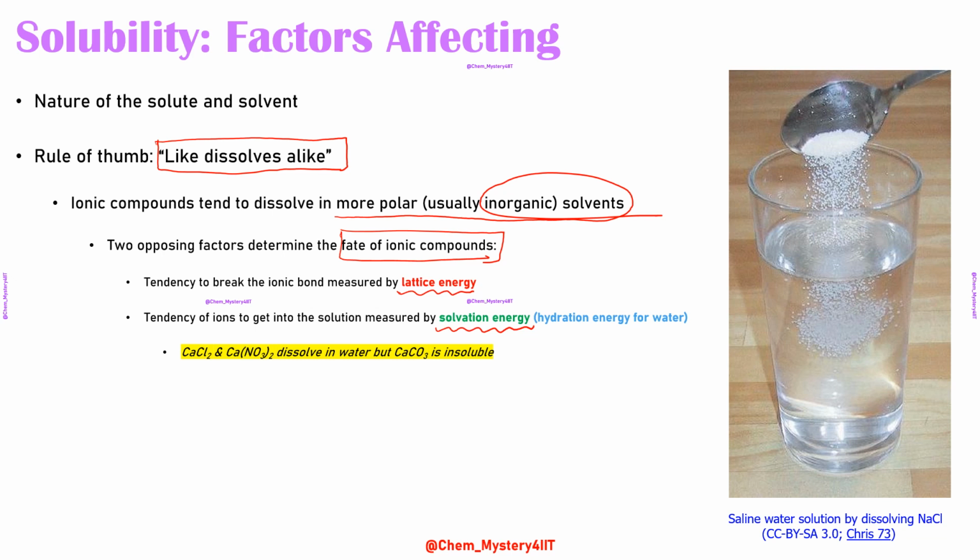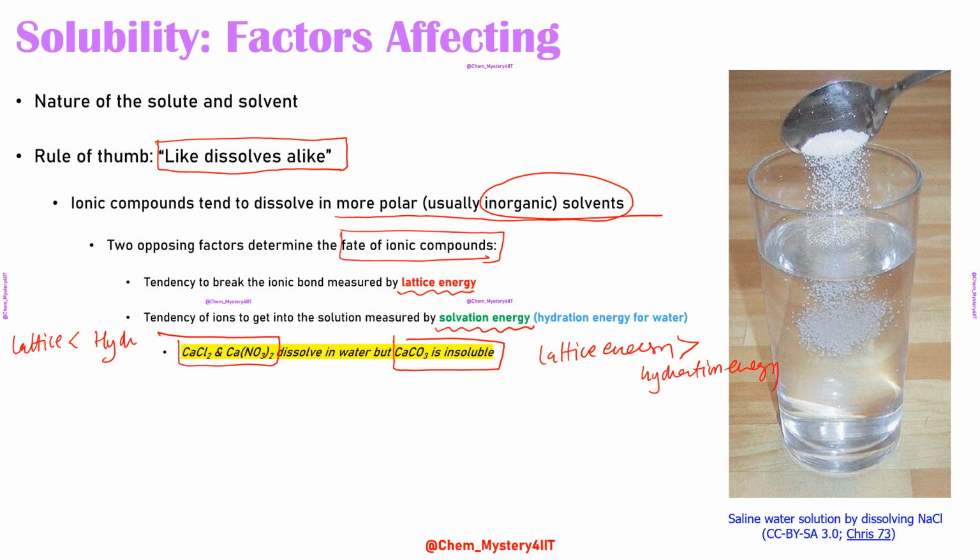So for calcium carbonate, the situation was that lattice energy lies on the higher side in comparison to hydration energy. And for calcium chloride and calcium nitrate, the situation is that lattice energy is relatively smaller in comparison to hydration energy. So these are known to be soluble in water.